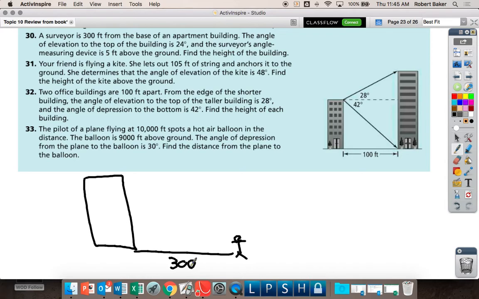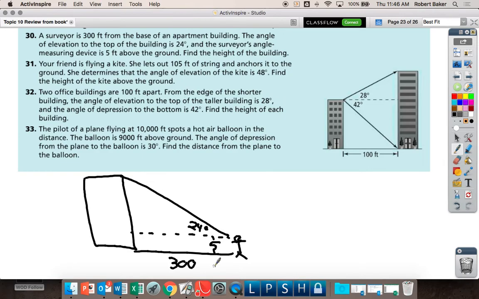The angle of elevation to the top of the building is 24 degrees. And the surveyor's angle measurement device is 5 feet off the ground. It's a little tricky there. 5 feet off the ground. Find the height of the building.